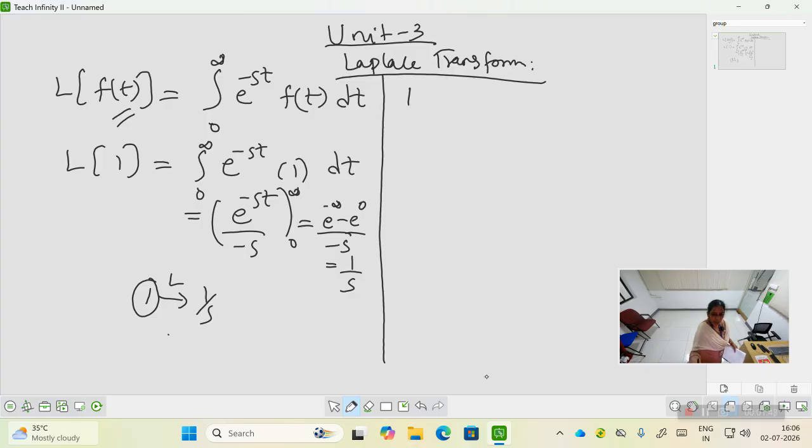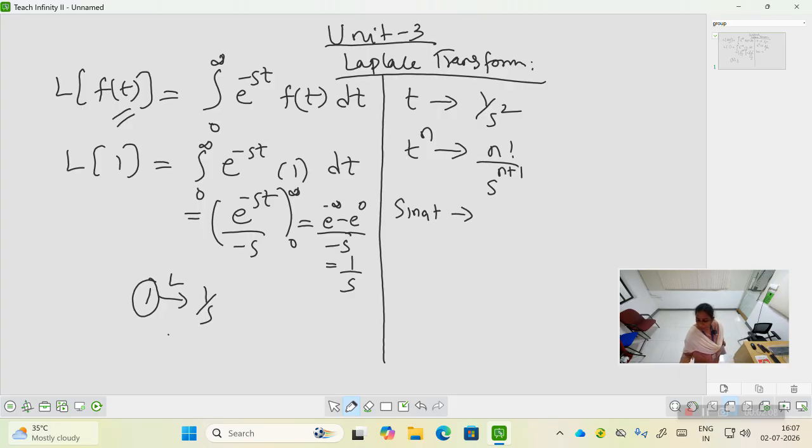Similarly, for t, what is the output of t? T is 1 by s square. Remember, for 1 it is 1 by s, for t it is 1 by s square. What is the output of t power n using Laplace? Laplace of t power n is n factorial by s power n plus 1. Similarly, sin at is a by s square plus a square.